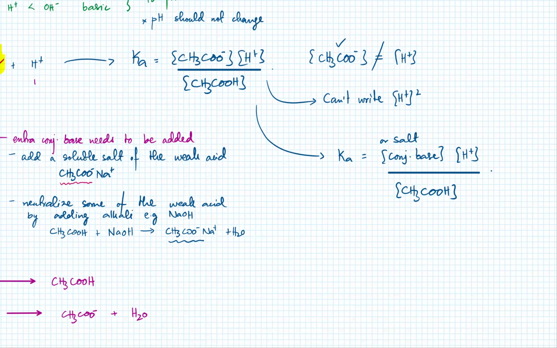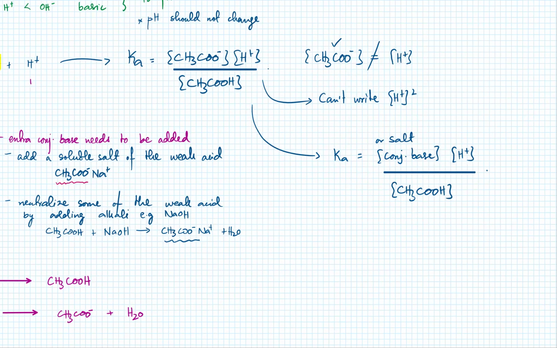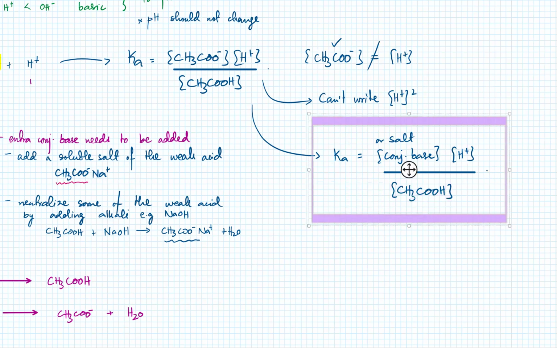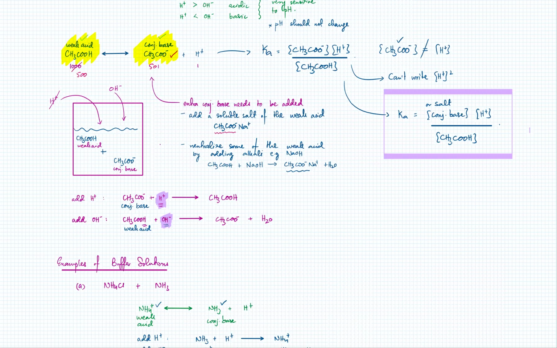That's the expression we are going to use for K. That's buffer solutions. Only one minor difference, and you have to be very good with writing equations and identifying which one is the weak acid and which one is the conjugate base.